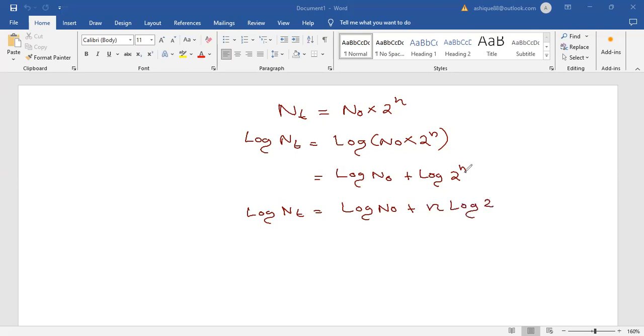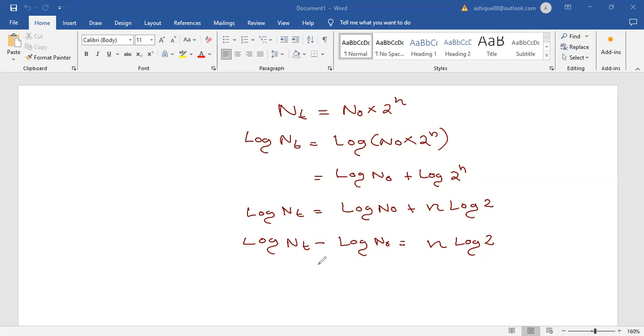This N will come here. So log NT minus log N0 will be equal to N log 2.